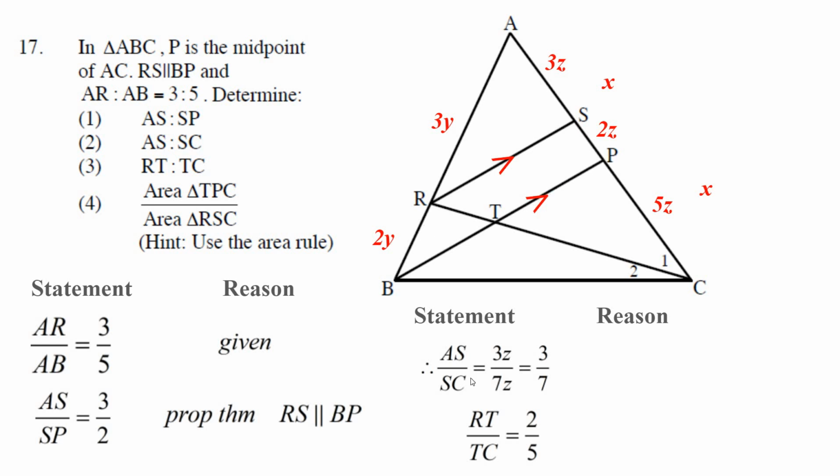It makes these sides proportional. Proportionality theorem. So we've got the last ratio too. RT to TC is 2 to 5 because of the proportionality theorem. But this time it's RS parallel to TP. We'll do the area thing in the last video here.